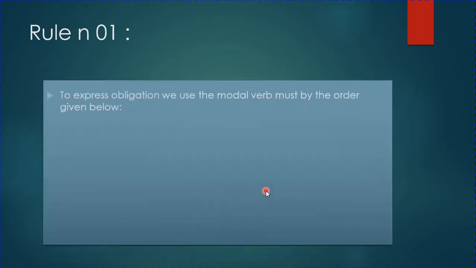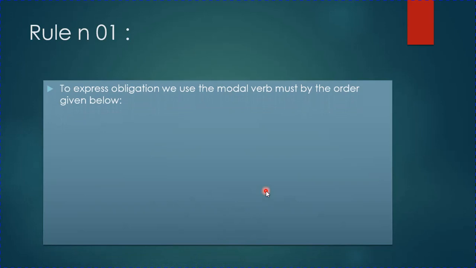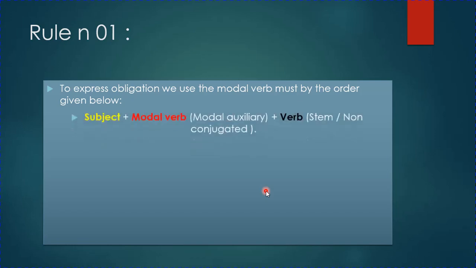So rule number 1: to express obligation, we use the modal verb must in the order given below. We always start with the subject, plus the modal verb, which is a modal auxiliary, plus the verb.